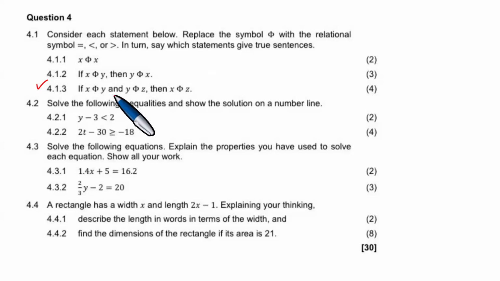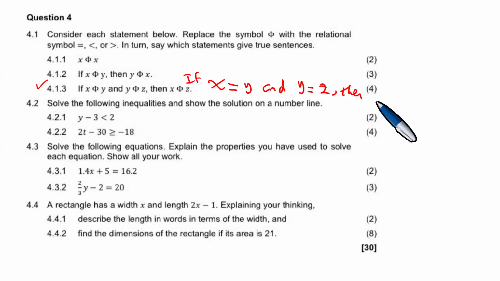In 4.1.3, if x equals y, it can only be an equality here. If x equals y and y is equal to z, then x is equal to z.